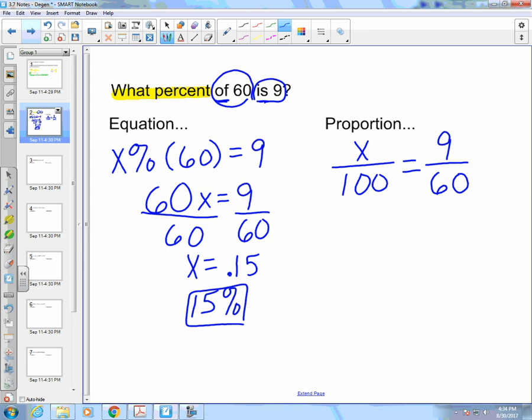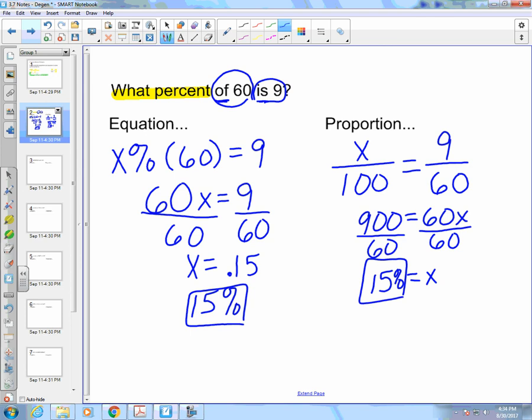Now that we have a proportion, we can use cross products. 9 times 100, 900 equals 60x. And when we divide by 60 on both sides, we come up automatically with 15 being what x is equal to, and that means we will have 15% as our final answer.